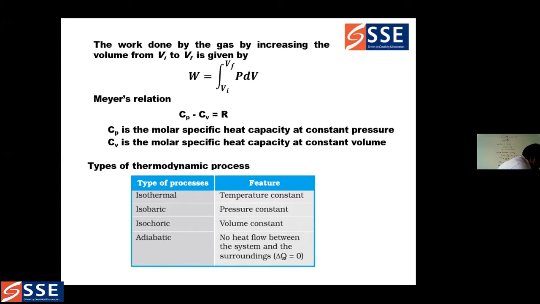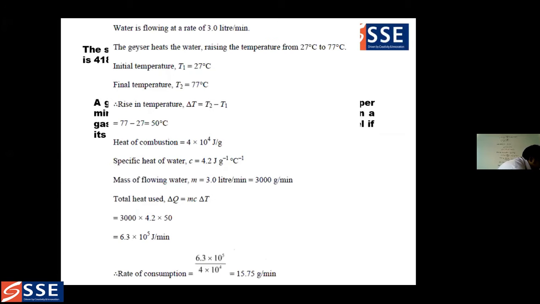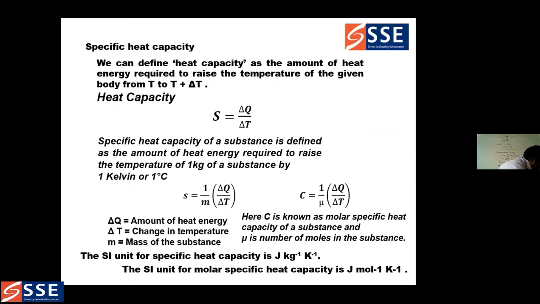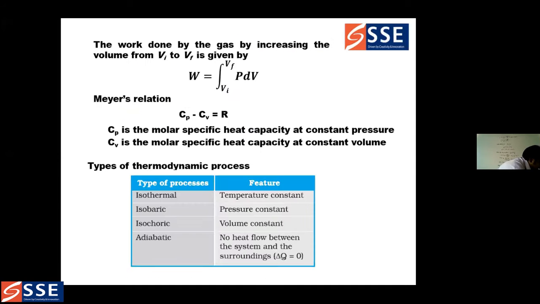Okay, pressure dV. Now Mayer's relation. Here I have to remember Cp. Well, this is nothing but specific heat capacity only. What we saw here, the specific heat capacity C, same thing here. But what does Cp mean? Cp is at constant pressure and Cv is at constant volume. Cv and Cp.